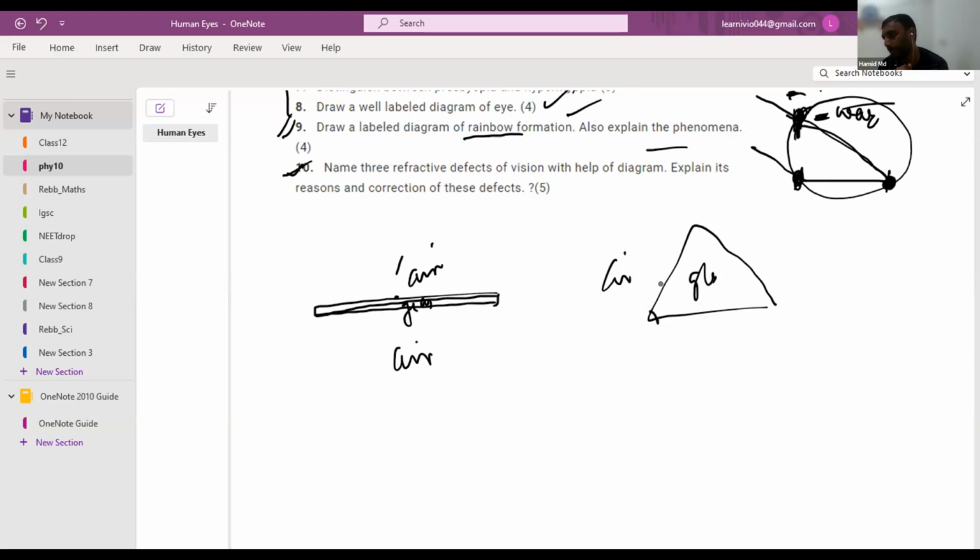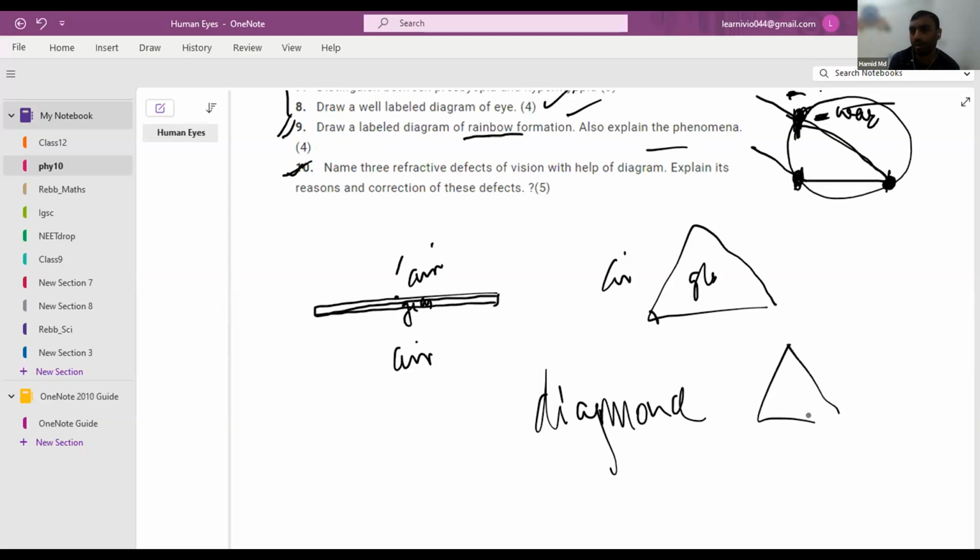Did you get the point? Yes, sir. That's the reason. If you take the example of a diamond, the diamond is cut at a particular angle, 22 or 22 point something. Because of that, there is internal reflection, right?